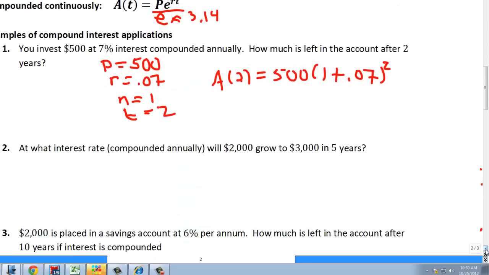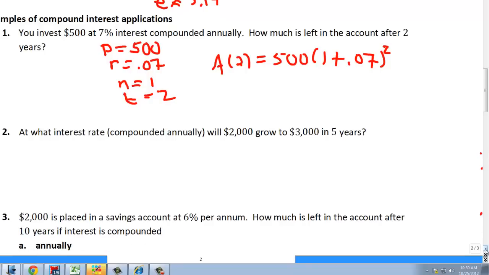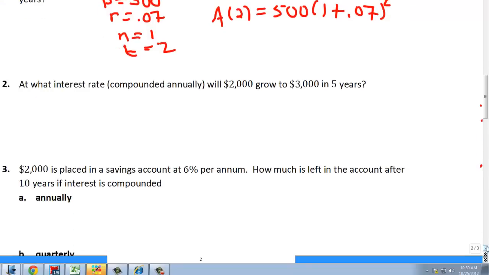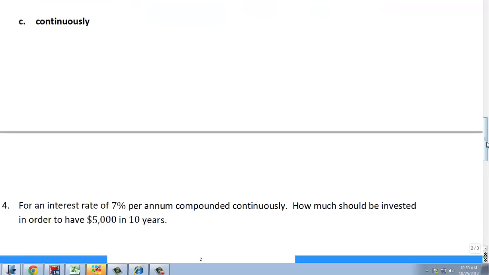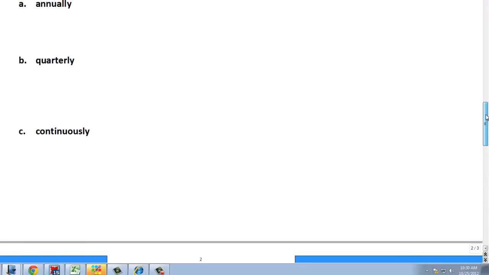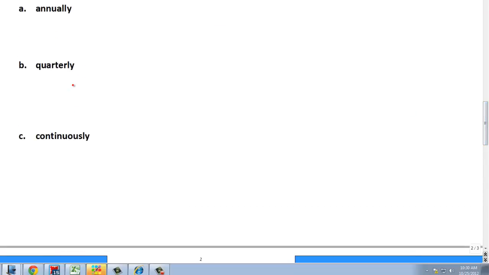This third problem, here you could select different times that it's compounded. So on this one, when it's compounded annually, n is 1. Compounded quarterly, we would have n equals 4. And compounded continuously, we would then use the formula A equals P times E to the RT.